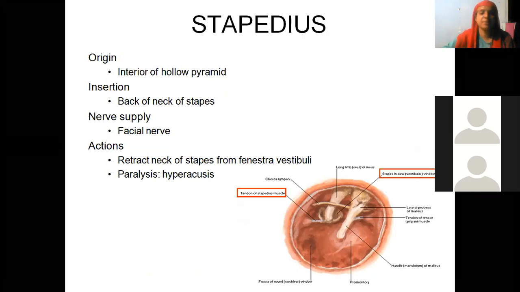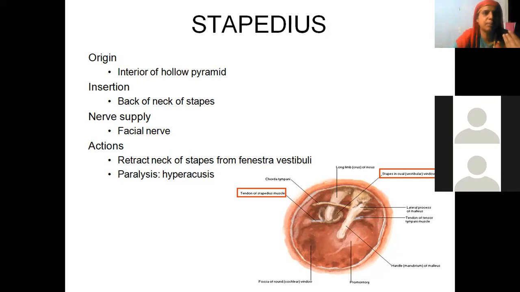What are the branches of the external carotid artery? Any four names only is asked. You can write superior thyroid artery, we have studied. In the parotid gland we found certain arteries. You should recollect those names. There we studied the maxillary artery, superficial temporal artery, isn't it? So, the external carotid artery gives the lingual artery.